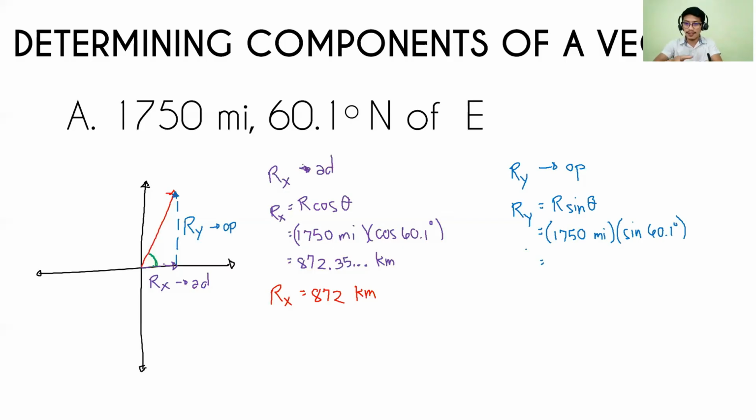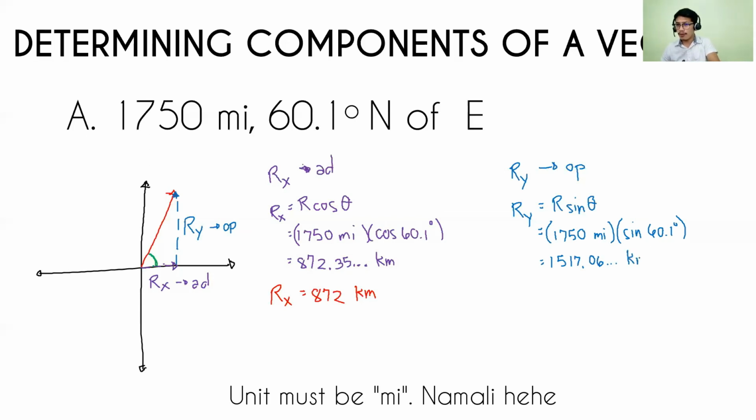That is 1,750 times sine 60.1. That will give us 1,517.06 and so on. And take note, we are going to follow the rules of significant figures. And since that is multiplication, least. So that means our final answer must only contain 3 significant figures.